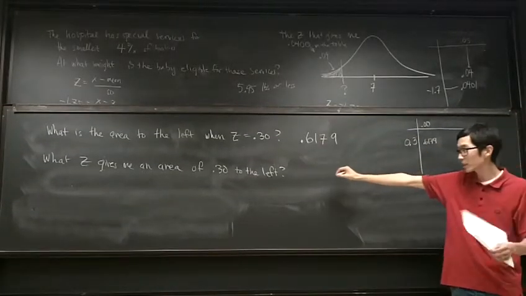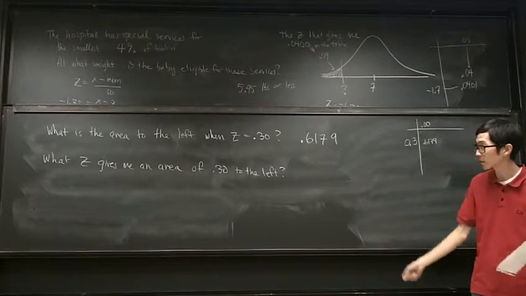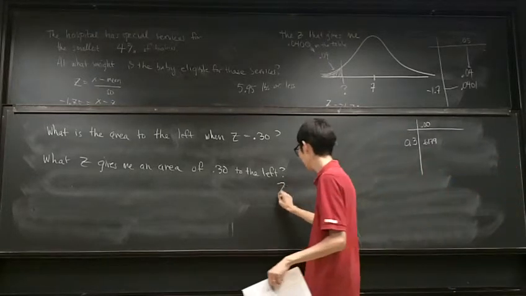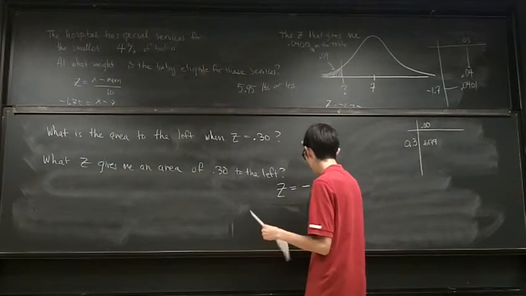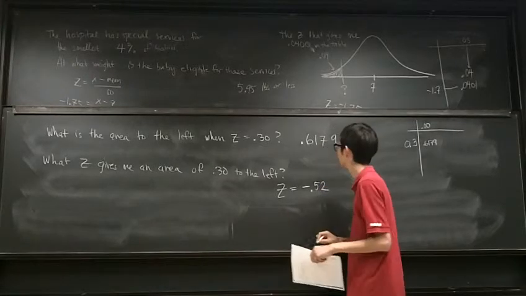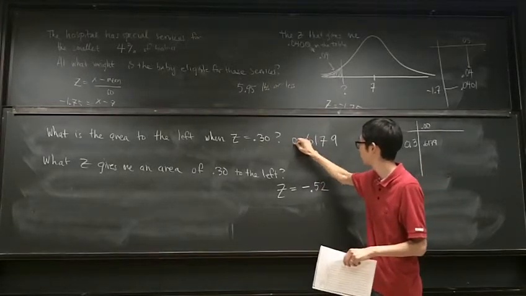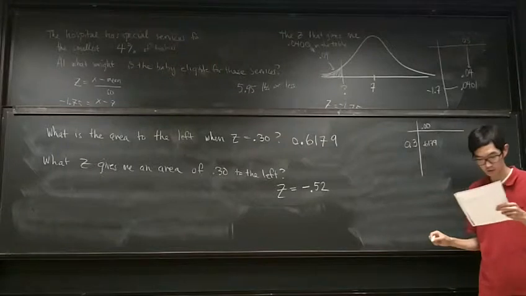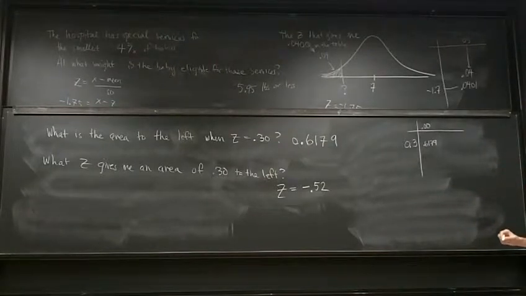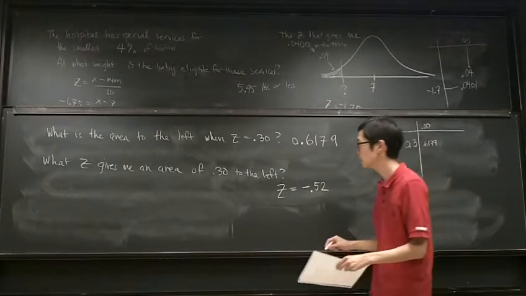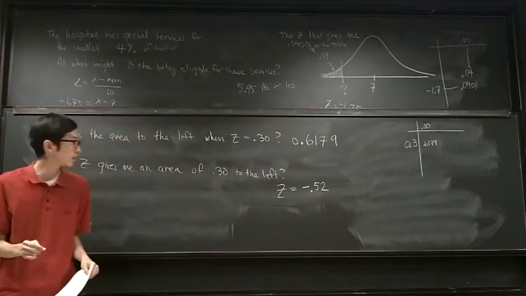Alright, and what is the z that gives me 0.30 to the left? z is equal to negative 0.52. How did I get that?